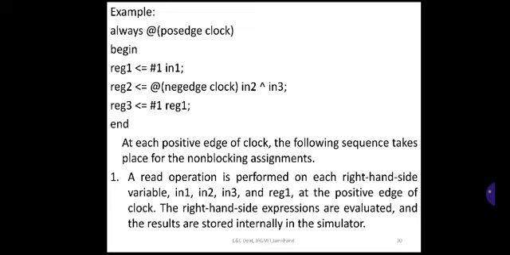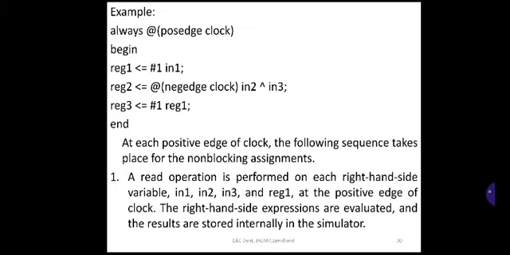So why is it called a common event? All the 3 statements are going to be executed only when the positive edge of the clock pulse appears. So here, first point, a read operation is performed on each right hand side variable: in1, in2 and in3 and reg1.